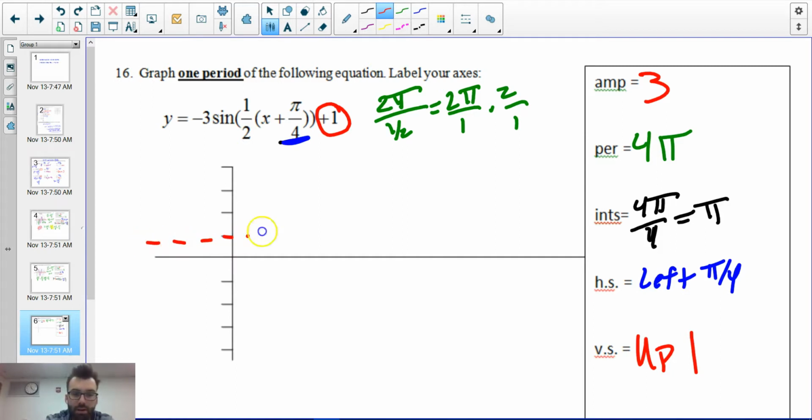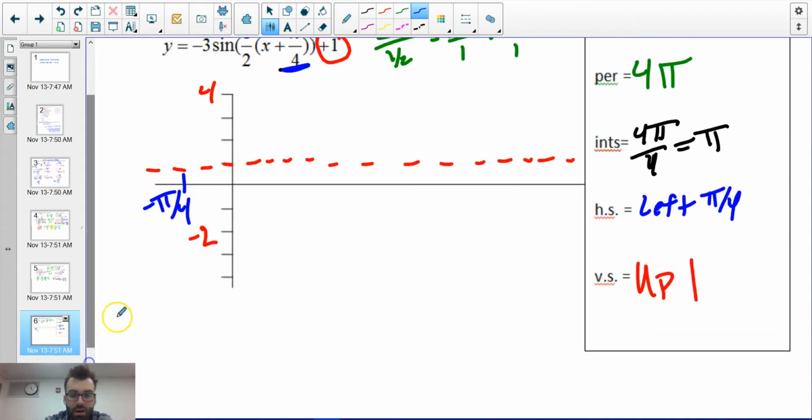So my midline is now at 1. My amplitude means I'm traveling up 3 units from the midline. So 1, 2, 3. That's actually going to be at 4. And then down 3 units. 1, 2, 3. So our minimum value is -2. I horizontal shifted to the left pi over 4, so I'm going to start at negative pi over 4.